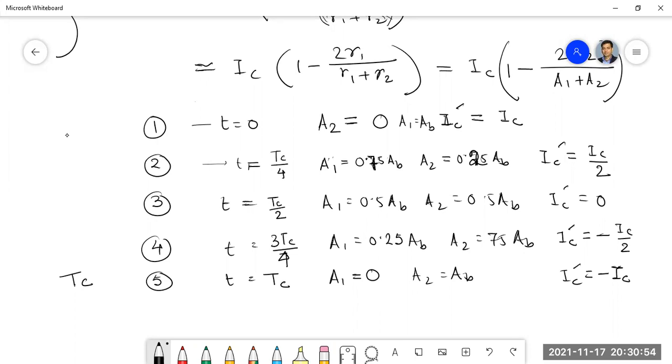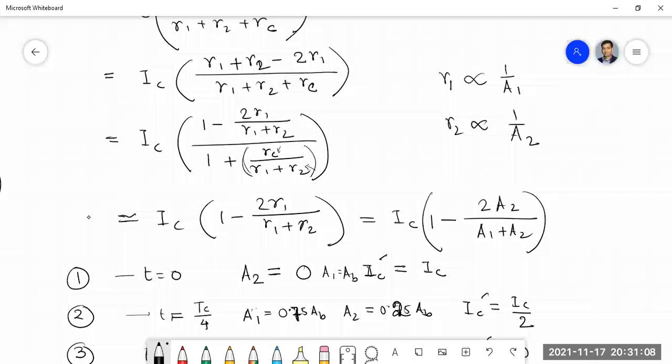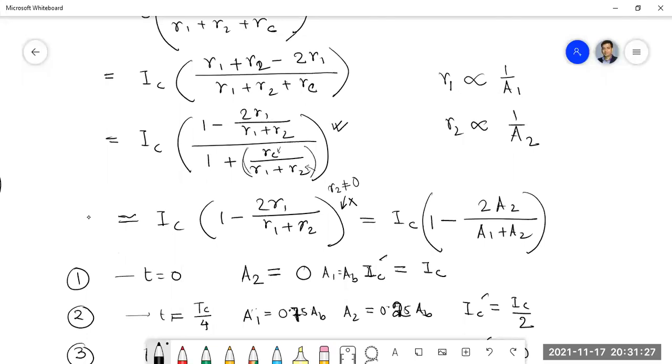Ideally we can consider it as zero, but it is not zero. So if it is not zero, then what values will change here? Come to this expression once again. So if RC is not zero, we can't write this, isn't it? We have to take which expression? We have to take this expression only.